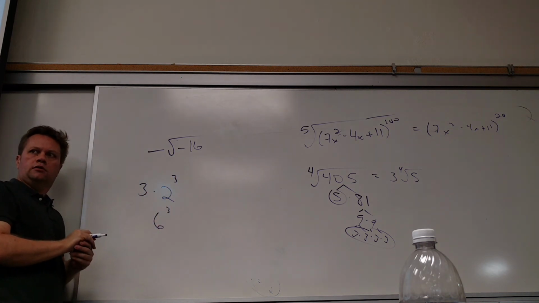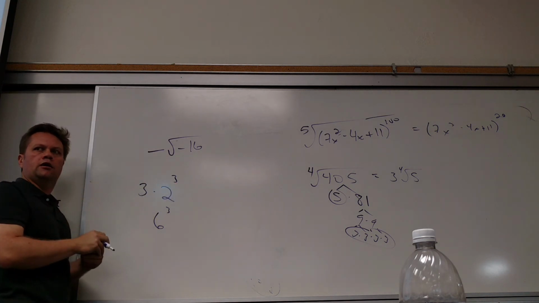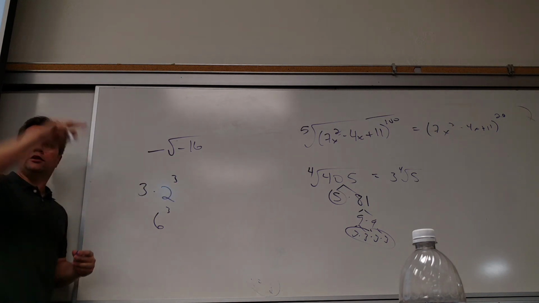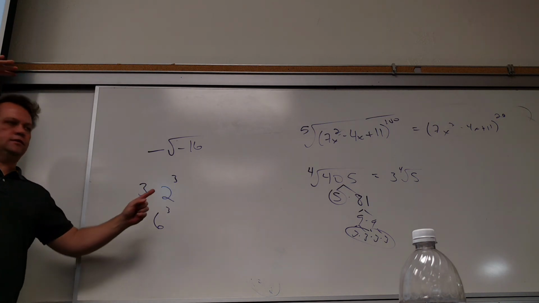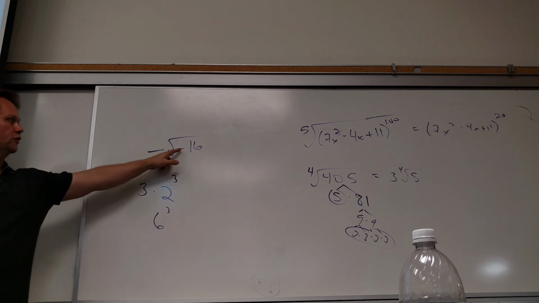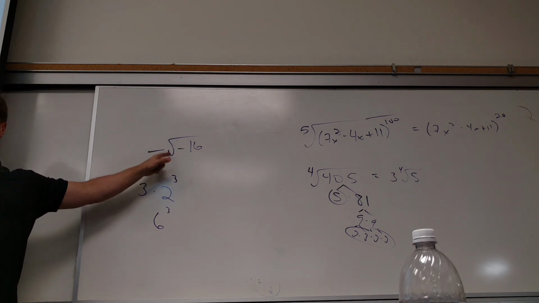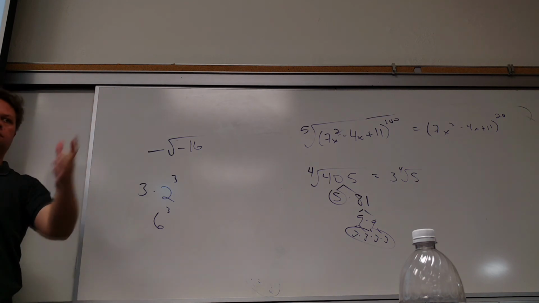What did they do wrong? You have to do exponents first. And where are roots in the order of operations? The same level as exponents. So would I multiply by negative 1 first, or would I do the square root first? I do the square root first. Can I do the square root? No. Done. Not real.